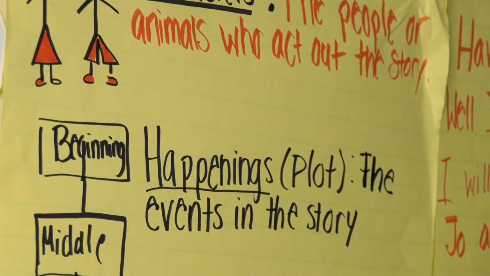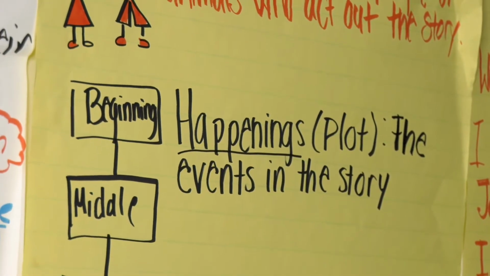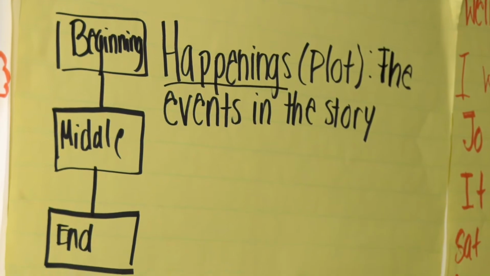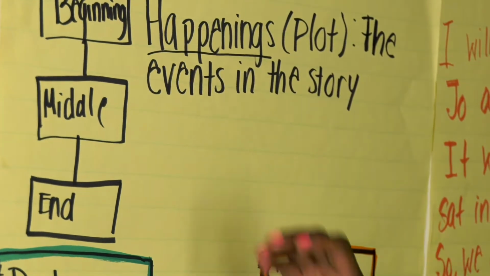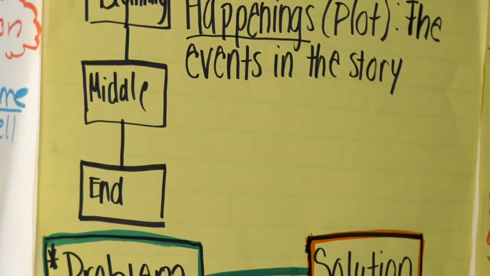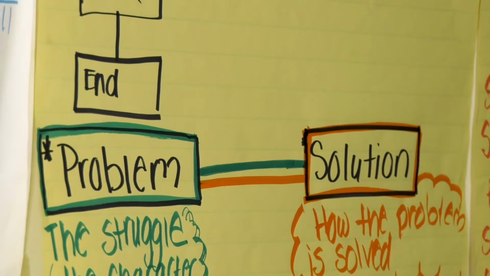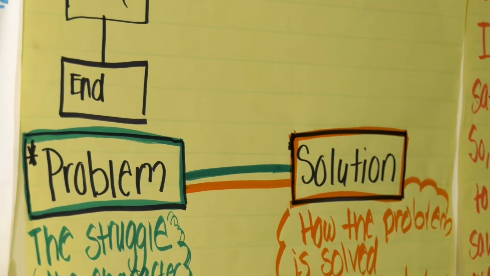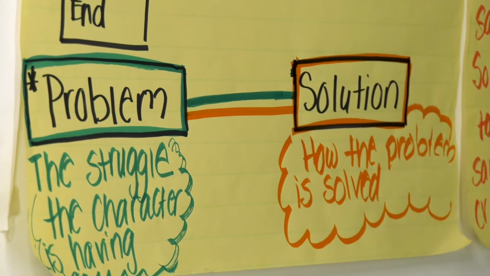Another word for happenings is plot, and that is usually the big juicy part of the story. And it has all the events that are in the story, and its beginning, middle, and end. Usually the plot is right here in the middle. And then every story has a problem and a solution. The problem is the struggle of the character, and the solution is how that problem is solved.